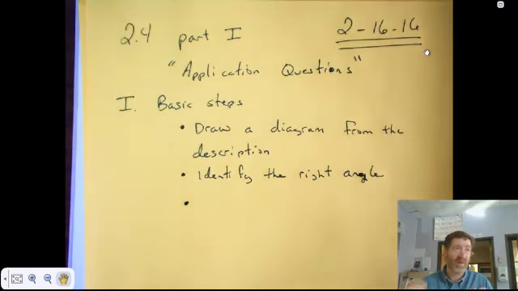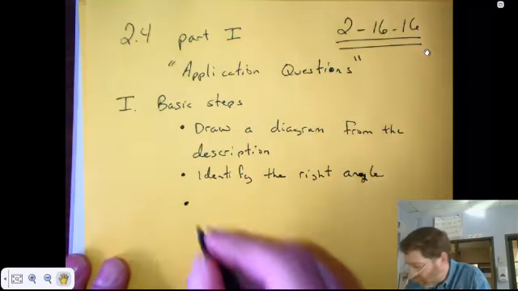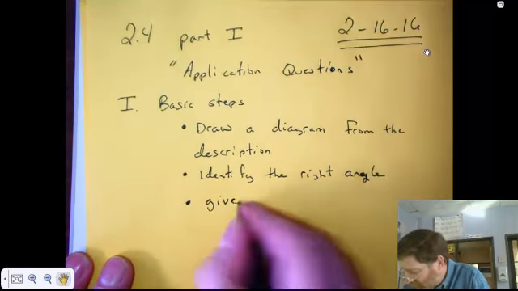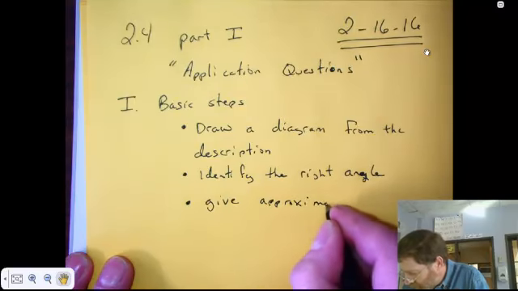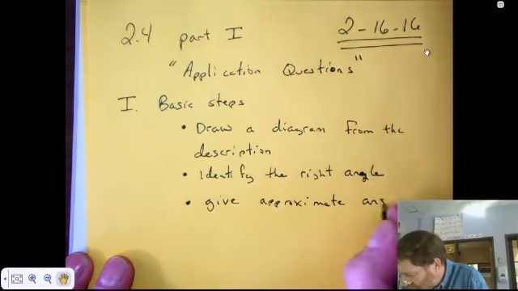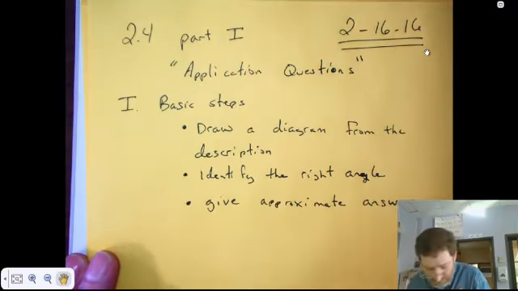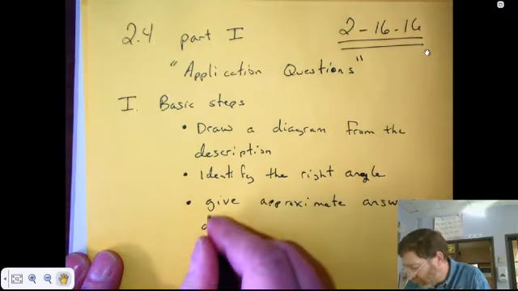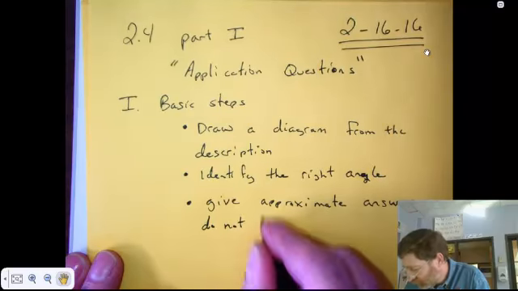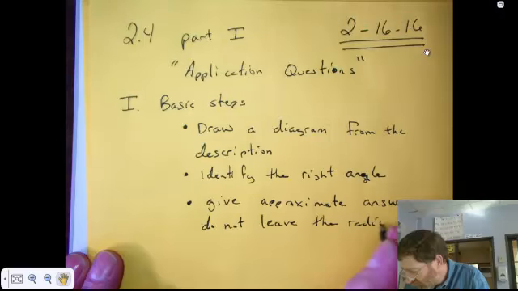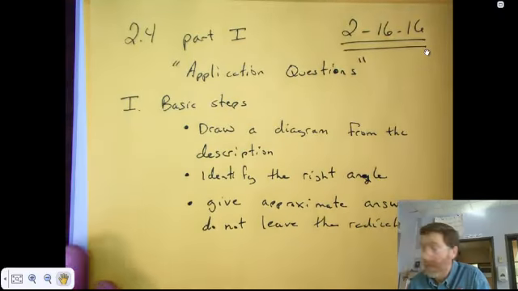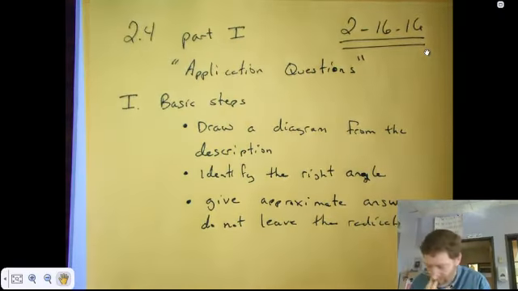This time, you're going to approximate everything, no radicals. So, give approximate answers. Do not leave the radicals. Everything will have decimal answers on it.